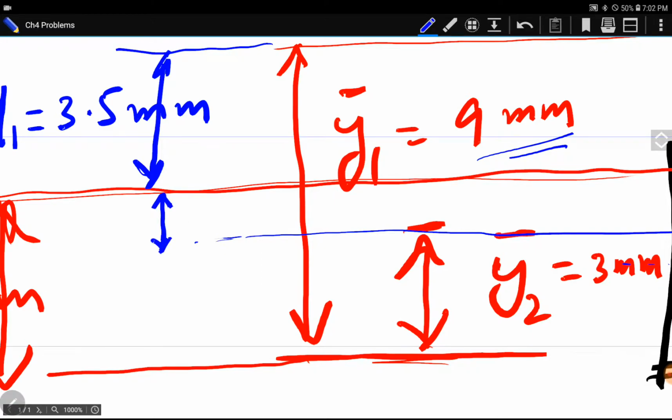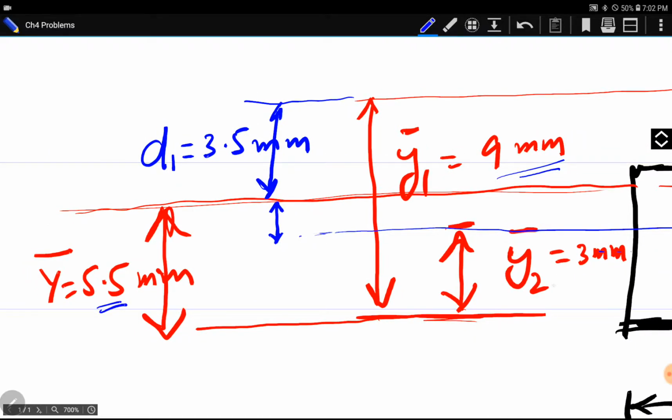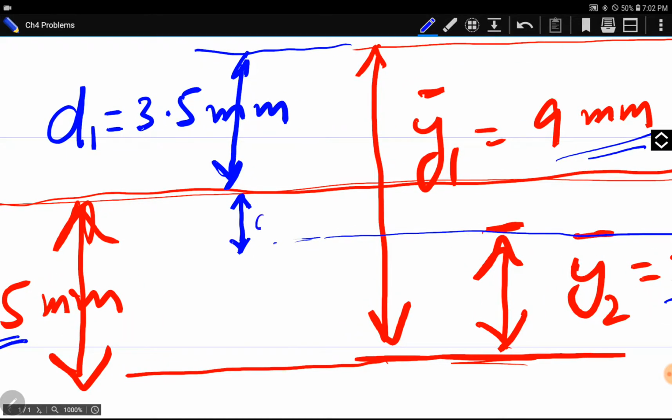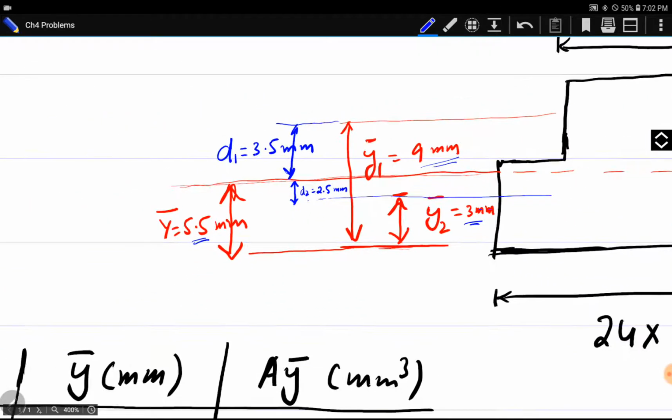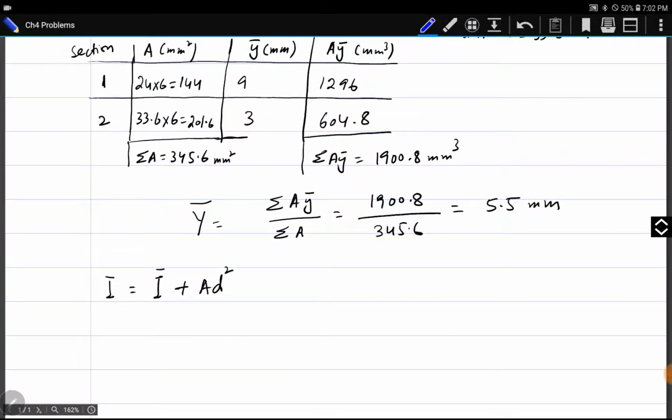D2 will be 5.5 minus 3 mm, which becomes 2.5. D2 is equal to 2.5 mm. So D1 and D2 are also known to us. A1 and A2 are known. B1, B2, H1 and H2, everything is known.